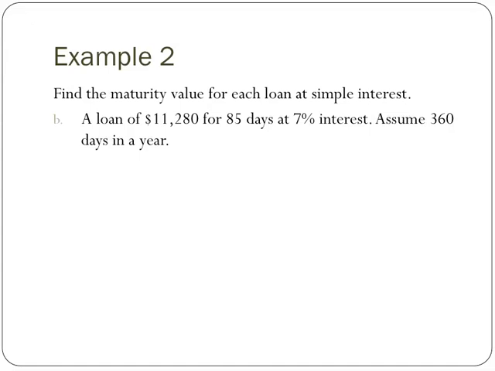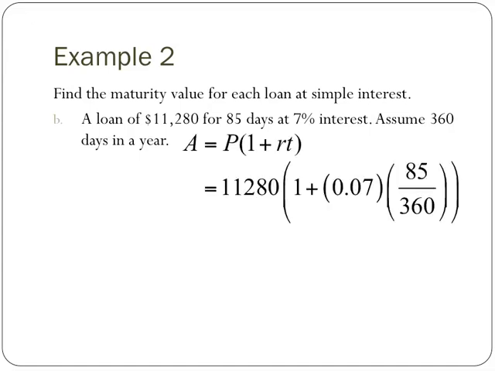So a loan of $11,280, that's going to be the principal amount. 7% is our interest rate, and then the amount of time is 85 days. And again, we're assuming 360 days in a year. So that's 85 over 360.